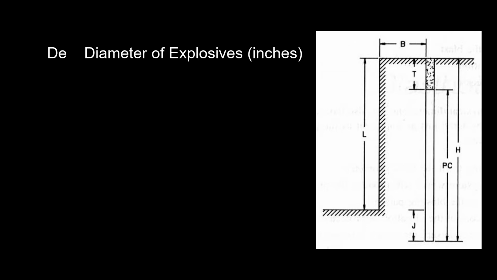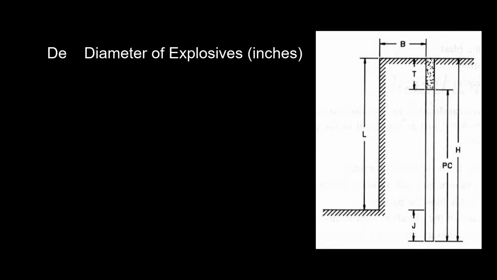Ash's burden equation has quite a few variables, so we'll set some groundwork at the beginning and go through those variables. Some of the known variables that you'll need to determine is D, and that is the diameter of explosives. Don't think it's just hole diameter, because some explosives don't fill the whole diameter of the hole.